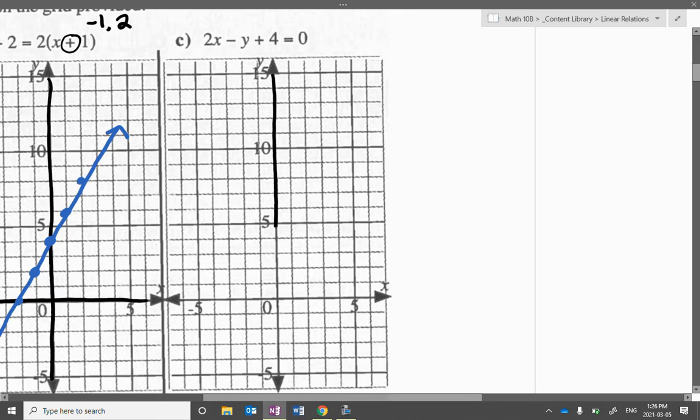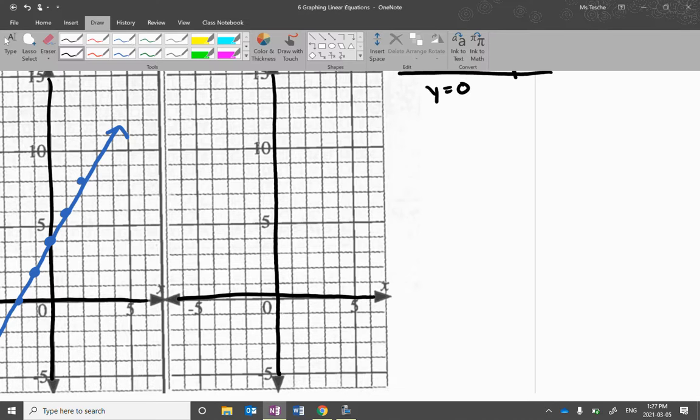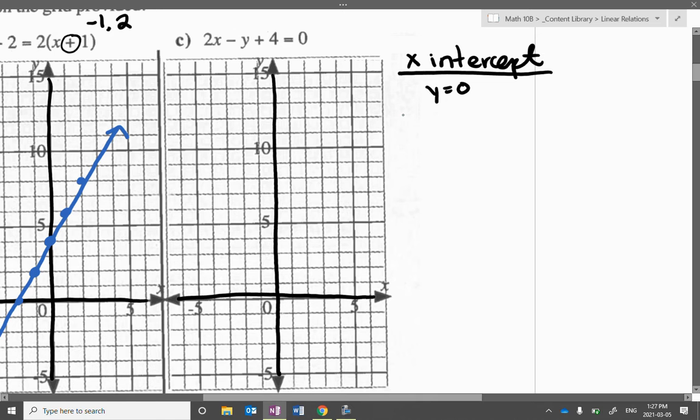And this is really good review for us. How do I find where my x-intercept is? What is common about every x-intercept? Good, they have a y of 0. So I can plug in 0 for y and solve for x. In this one, I have 2x minus 0 plus 4 equals 0, so that's 2x plus 4 equals 0.